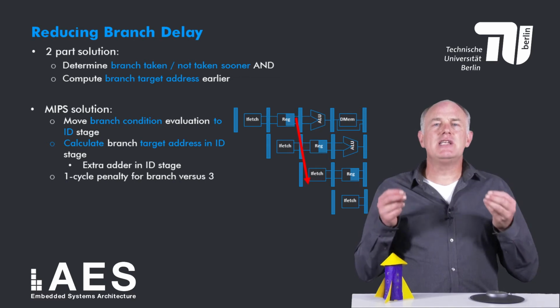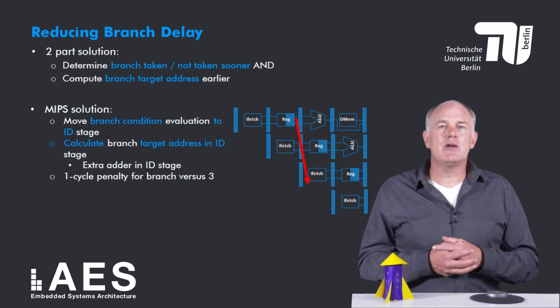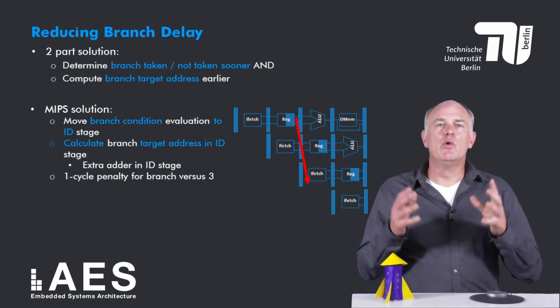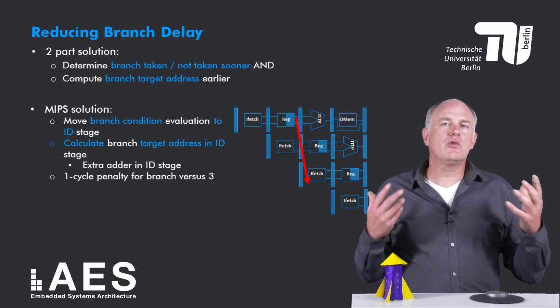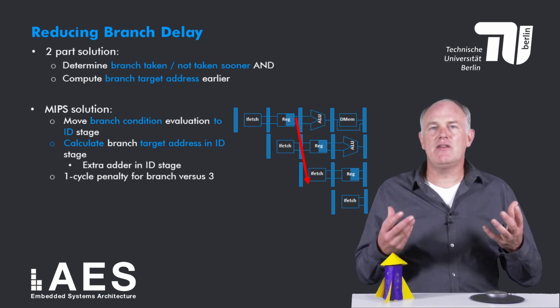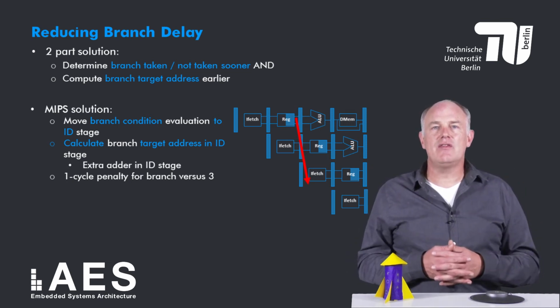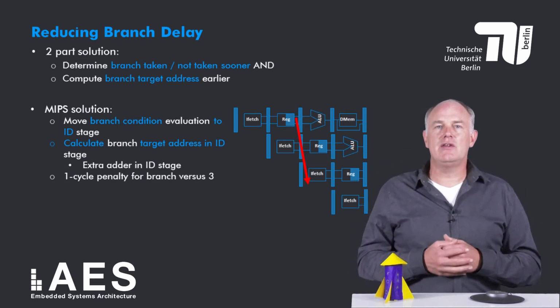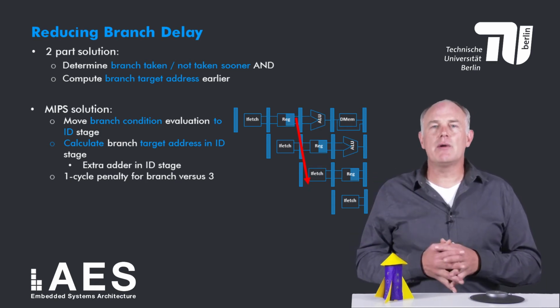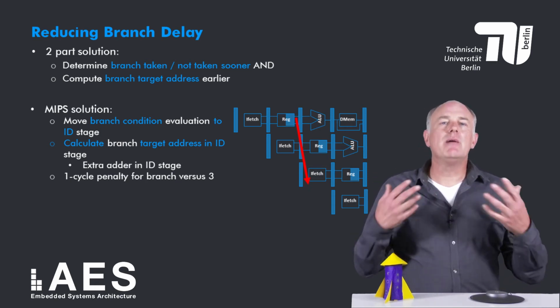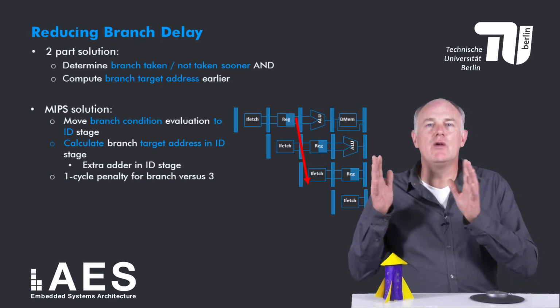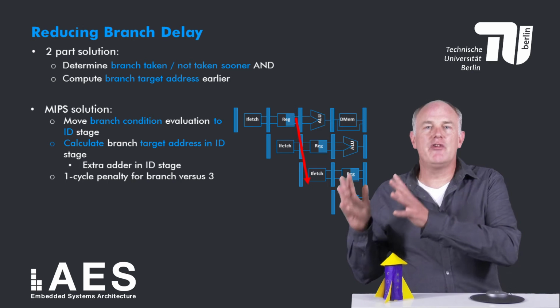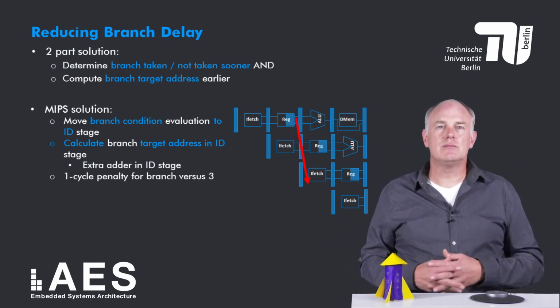Both the branch condition evaluation and the calculation of the branch target address are moved to the instruction decode, the ID stage. In order to calculate the branch target in the ID stage, we need an extra adder in this stage that adds the offset contained in the instruction to the program counter plus 4. By moving branch execution to the ID stage, we reduce the branch penalty from 3 cycles to only 1 cycle.